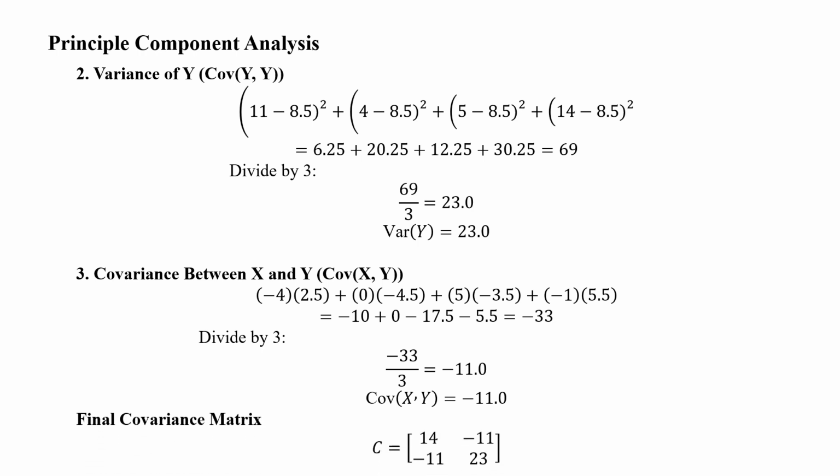So, the covariance between X and Y is negative 11.0. Finally, we form the covariance matrix. The covariance matrix C is 14, negative 11, negative 11, 23. This matrix represents how the 2 features vary individually and together.